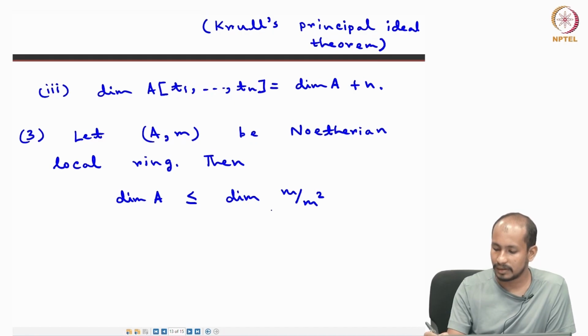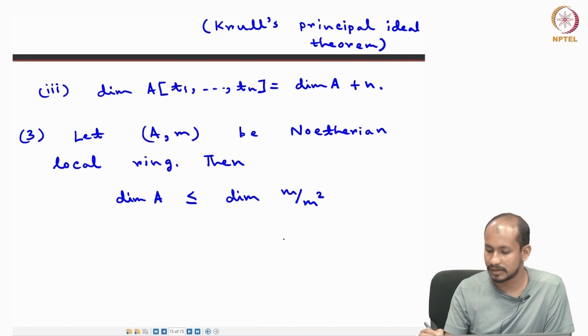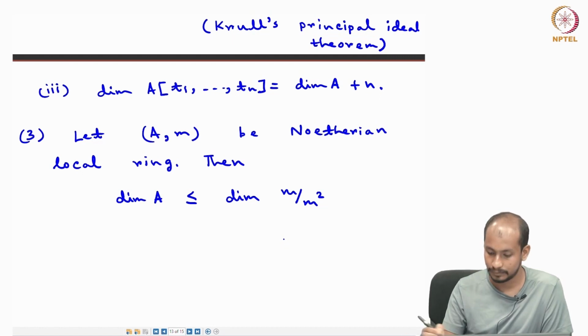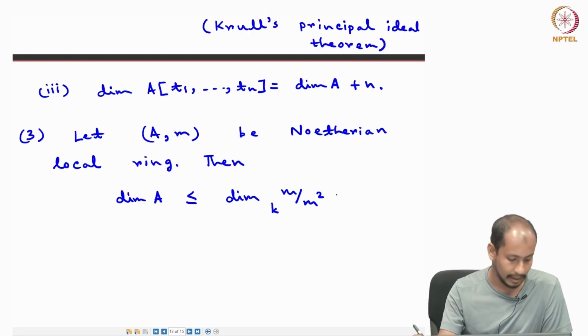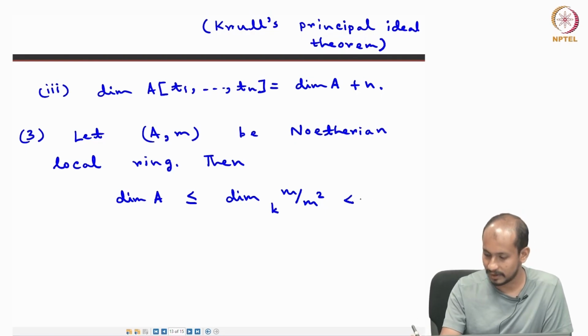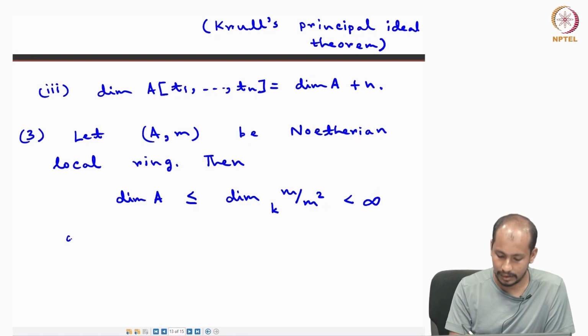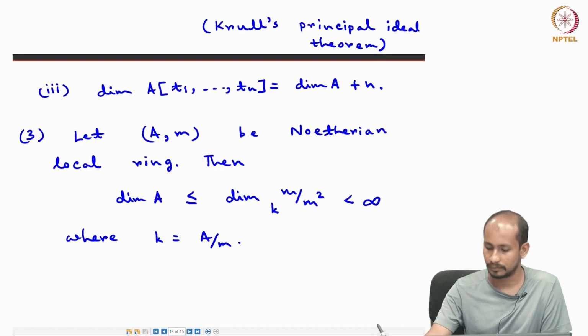This is a k vector space, and it follows from Nakayama's lemma that this is a finite dimensional k vector space, where k is this A mod m, the residue field.